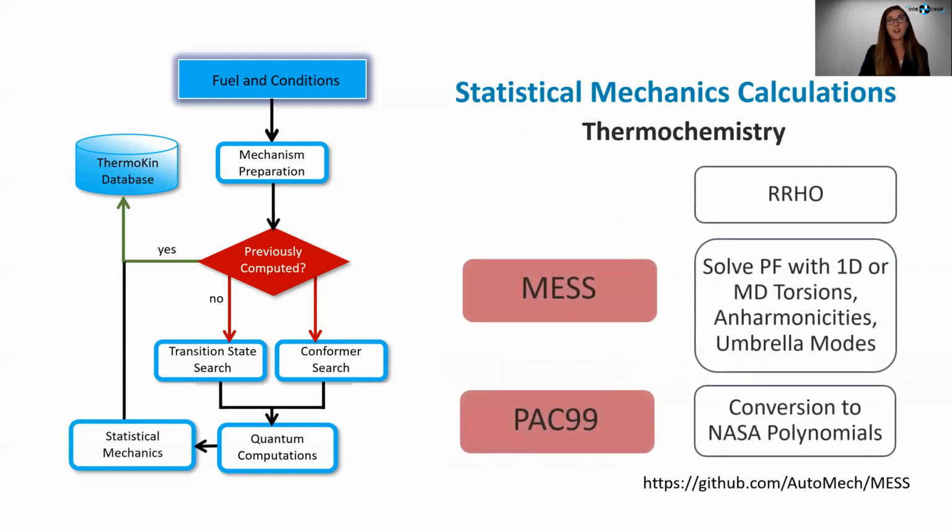Then we move on to there, and we transform all of those fundamental properties into thermochemistry with the partition function, using the master equation system solver program developed by Yuri Jurdevsky at Argonne National Lab, where that program is capable of doing all these special treatments that I've mentioned, like the one-dimensional hindered rotor analysis.